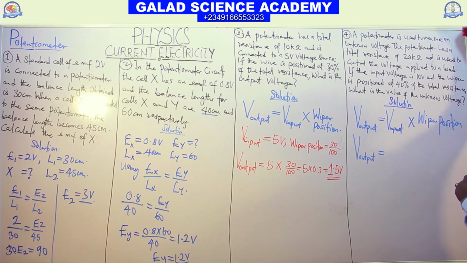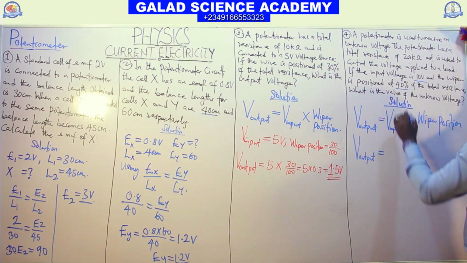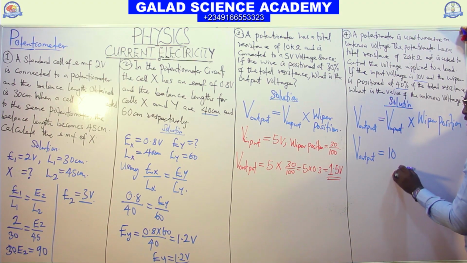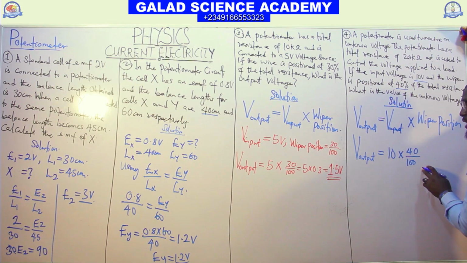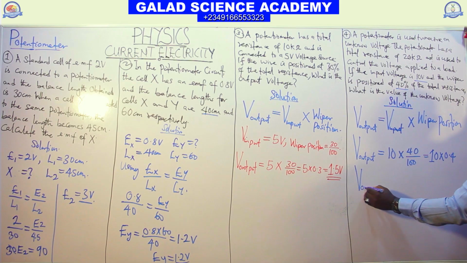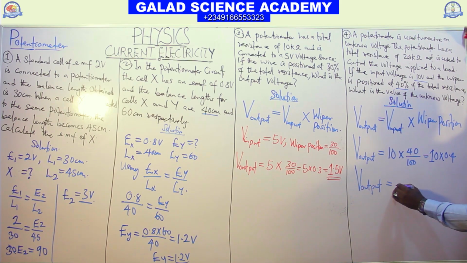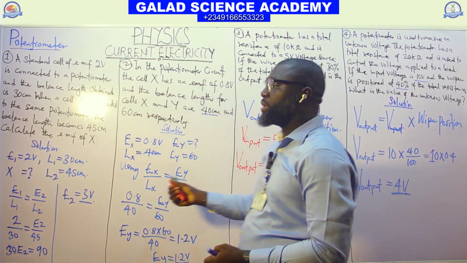Voltage input from the question, the voltage applied is 10 volts. Wiper position is 40. You now have 10 volts multiplied by 40 divided by 100. 40 divided by 100 gives us 0.4. We have 10 multiplied by 0.4. By pressing the calculator, the output voltage will be 4 volts. So these are the methods or the way of solving potentiometer problems.